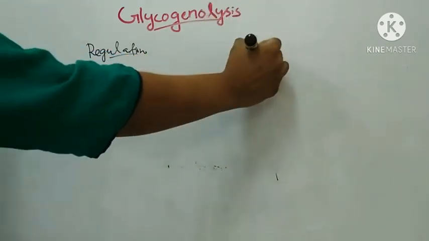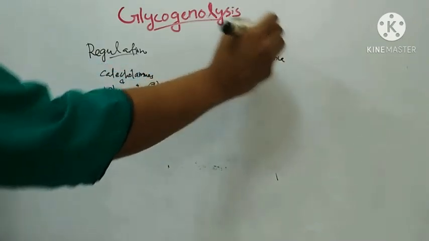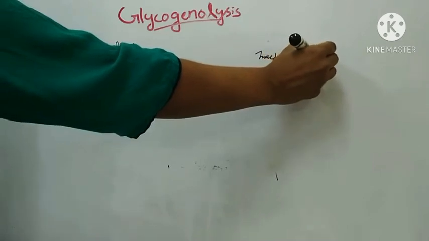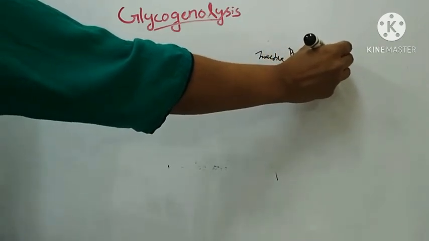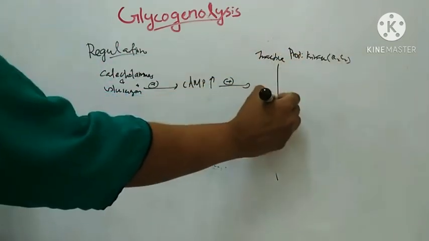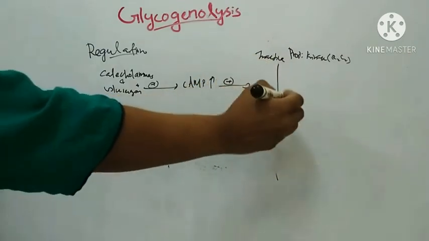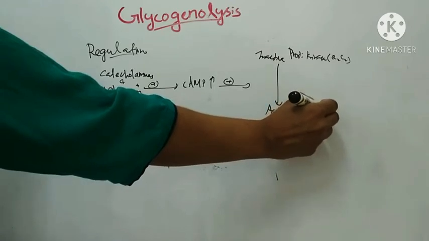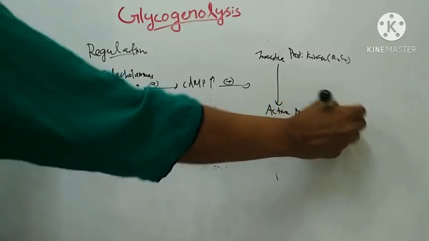This converts inactive protein kinase, that is R2C2, to active protein kinase, that is C2.